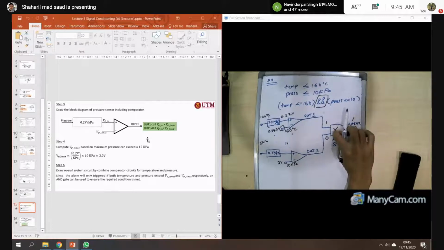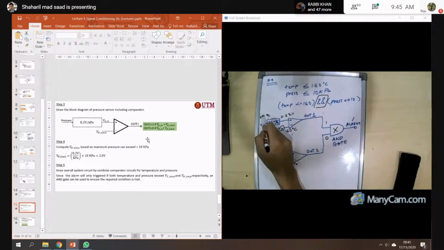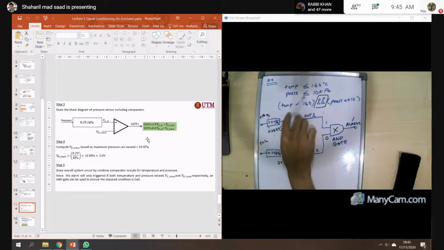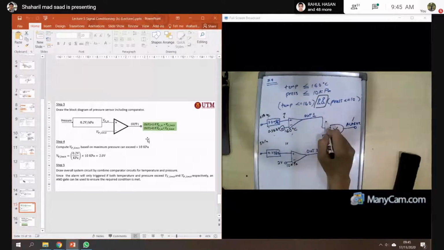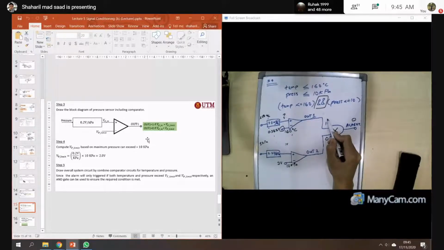And then the temperature you measure, maybe is 200 degrees. And of course, the output you get is 1. So your alarm will not be triggered because the temperature has exceeded, but the pressure has not exceeded.